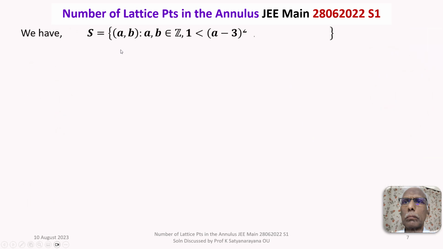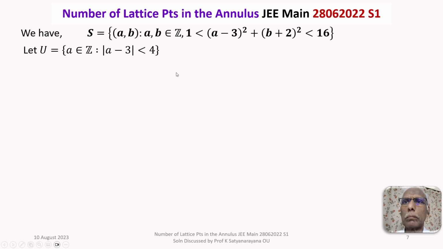We have this S. Now take the first letter, a. How will this a vary? a belongs to the integers such that |a - 3| < 4.